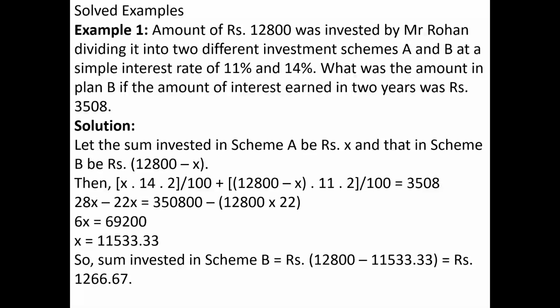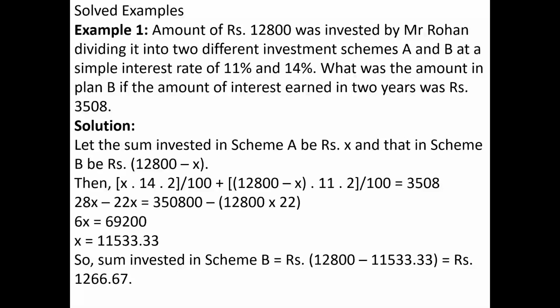So then the formula: X into 14 into 2 divided by 100. X is your principal amount for scheme A, 14 is the rate of interest, and 2 is the years.